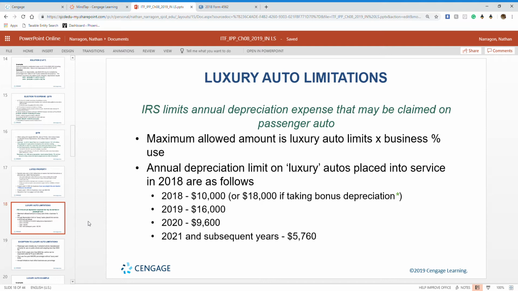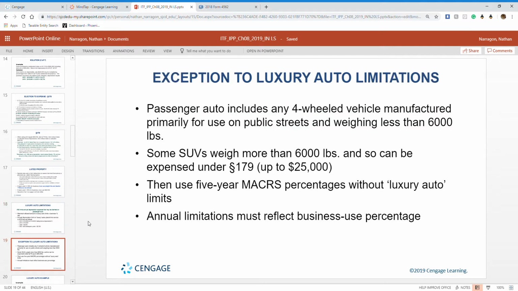Usually, again, luxury vehicles tend to be more passenger vehicles, and there are exceptions to this. As long as it hits one of these exceptions, we're going to be fine.